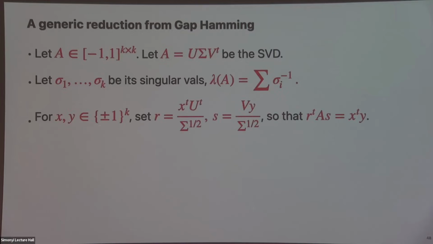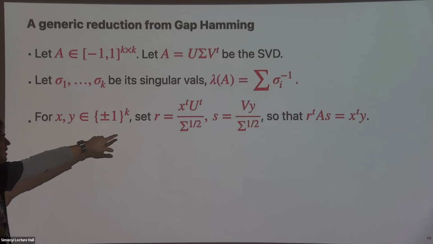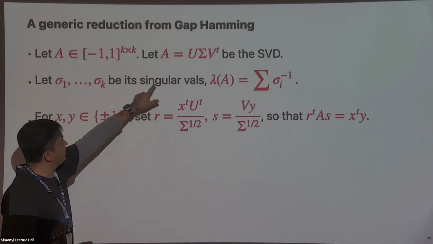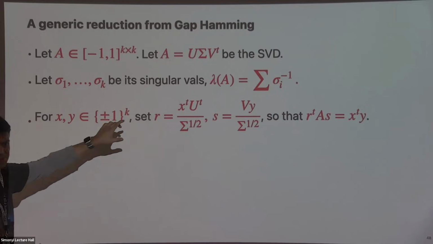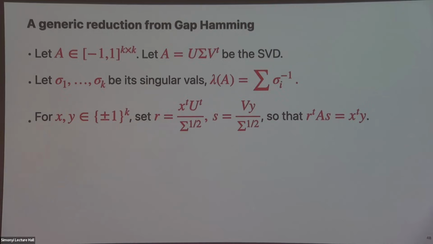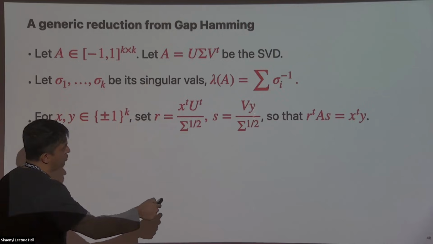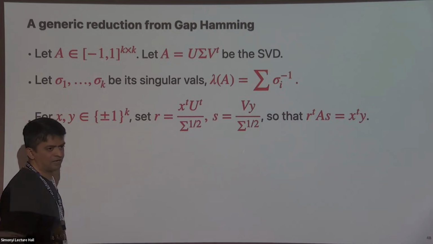Well, I'm going to do, in some sense, the obvious reduction, right? I start off with my instance of gap Hamming. Then I will take R to be X transpose U transpose divided by sigma raised to 1/2, which means I just take the square roots of all the singular values. And for S, I'll do V y times sigma raised to 1/2.